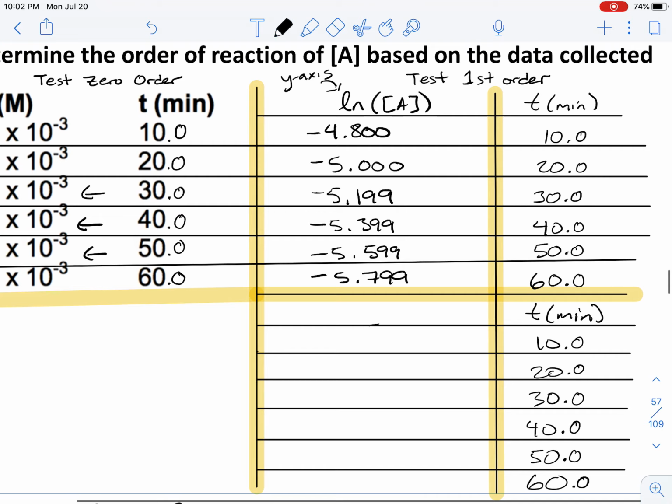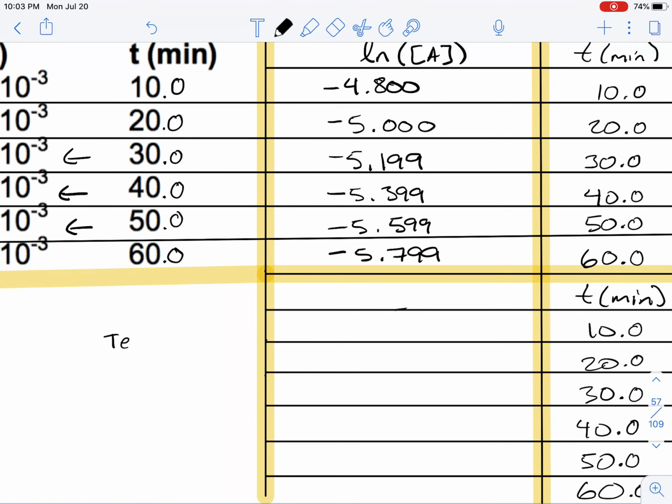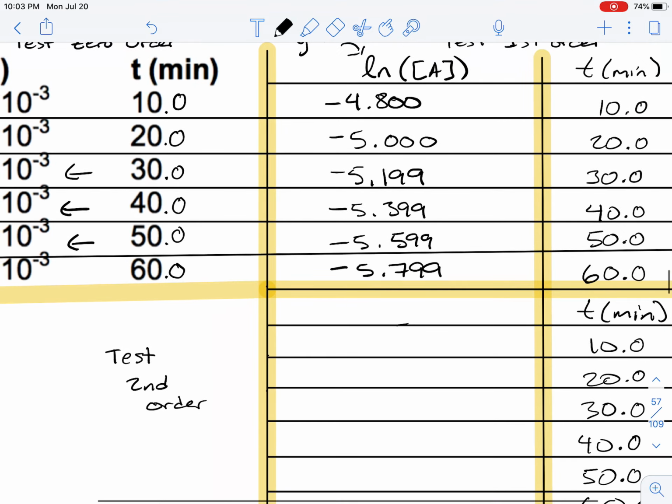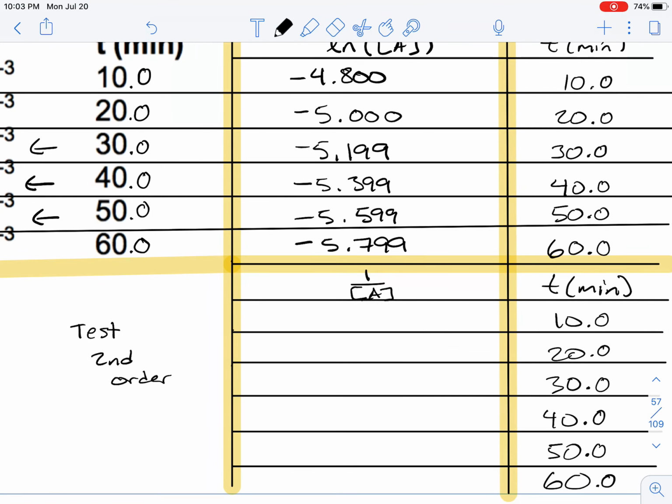And so if I want to test for second order, remember that the y-axis is going to reflect the reciprocal of the concentration of reactant A in this scenario. In another scenario, it just might be reactant B or an actual reactant such as nitrogen dioxide or something.